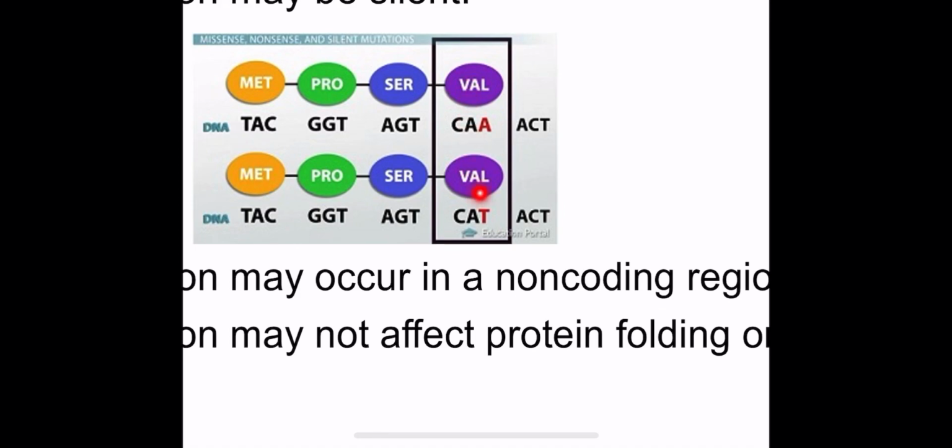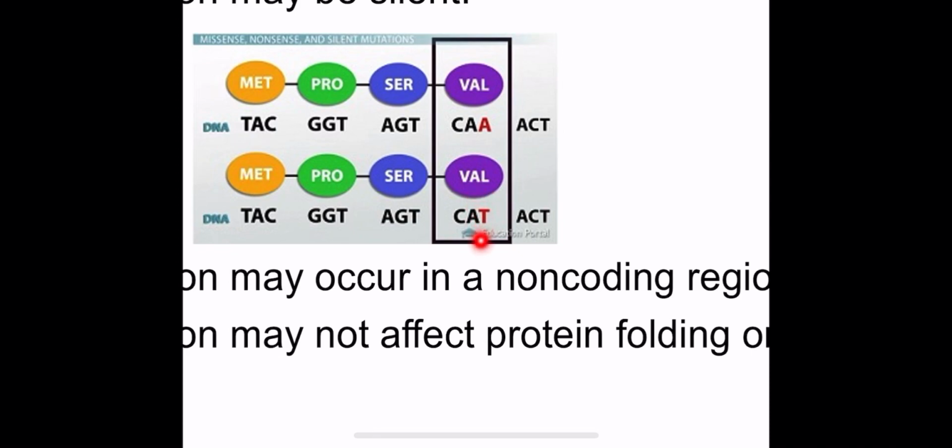So will this cause a change? No, this won't cause any change in the phenotype, because by chance, by the change in the nucleotide, the amino acid that will form is the same in the two cases, because as I told you, there are many amino acids that have more than one codon.